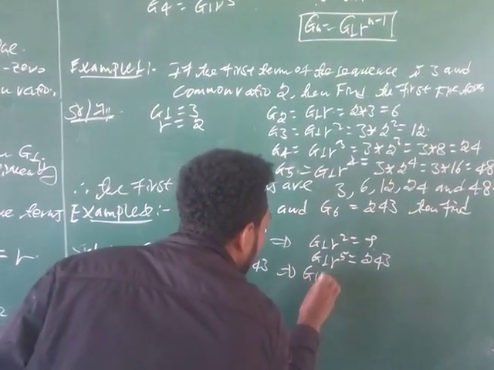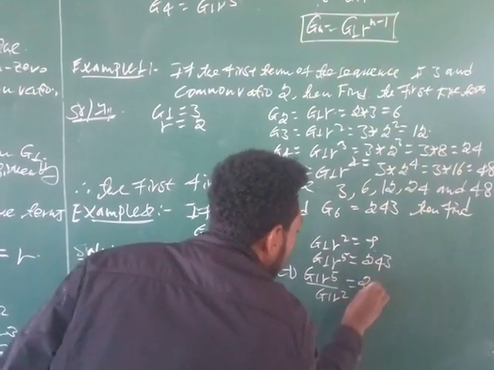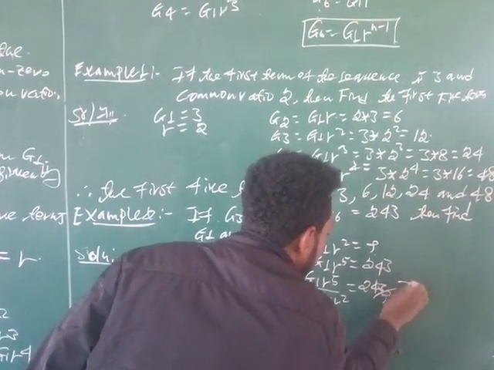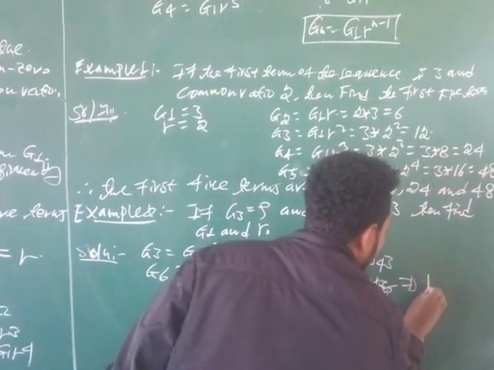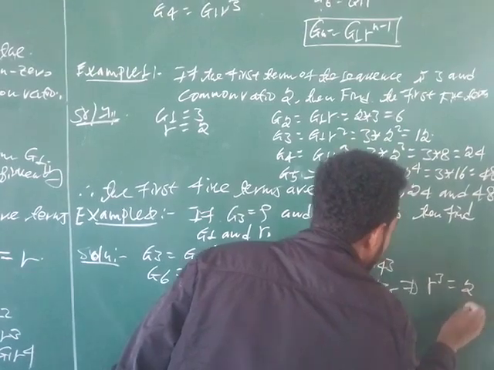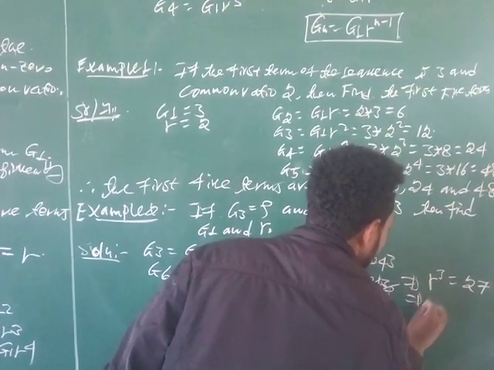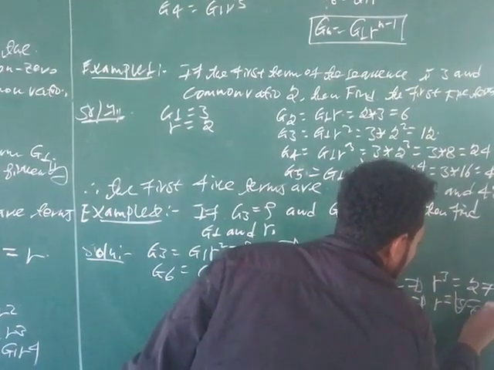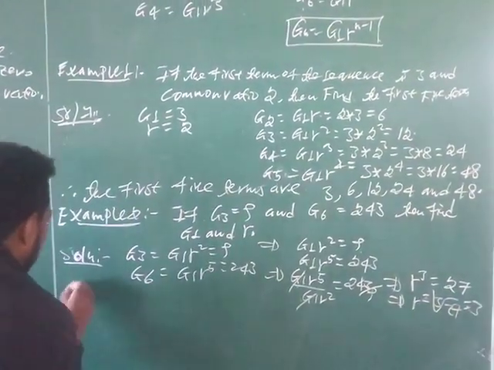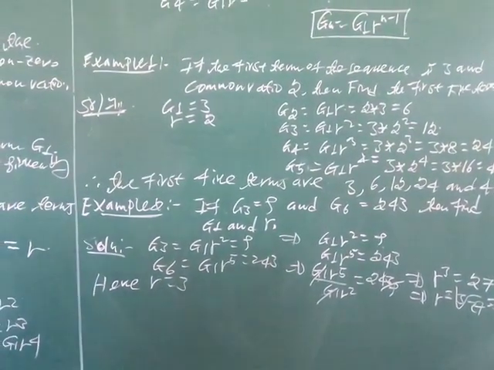Now g1 r to the 5 over g1 r squared is equal to 243 over 9. This implies this is cancelled by this one. So r raised to 3 is equal to 27. So this implies r is equal to the cube root of 27, which is 3. Here r is equal to 3.